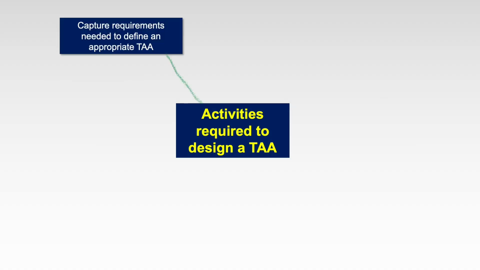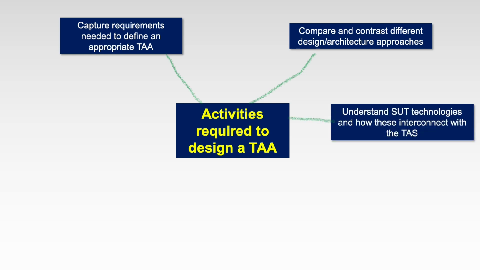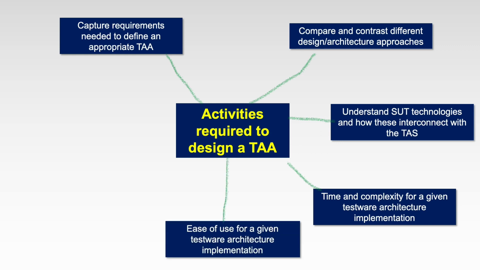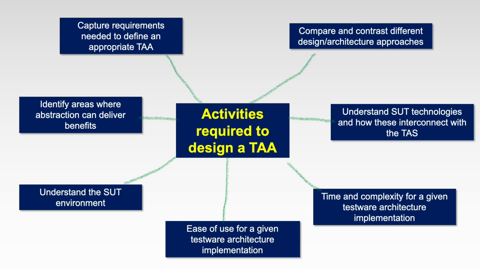We have capture requirements needed to define an appropriate TAA, compare and contrast different design architecture approaches, understand SUT technologies and how these interconnect with the tests, time and complexity for a given testware architecture implementation, ease of use for a given testware architecture implementation, understand the SUT environment, and identify areas where abstraction can deliver benefits.